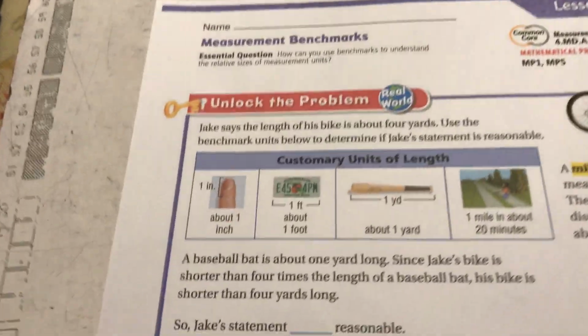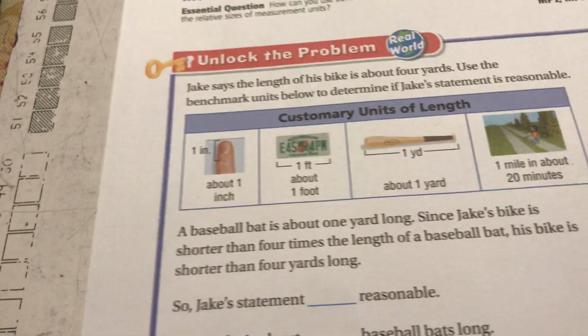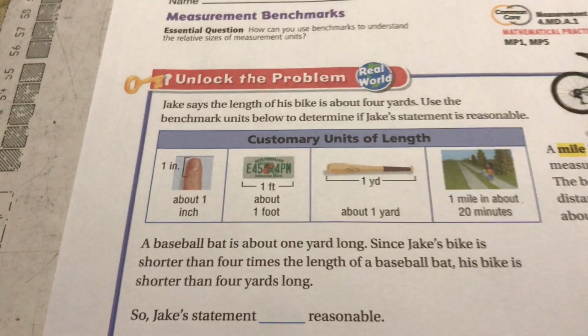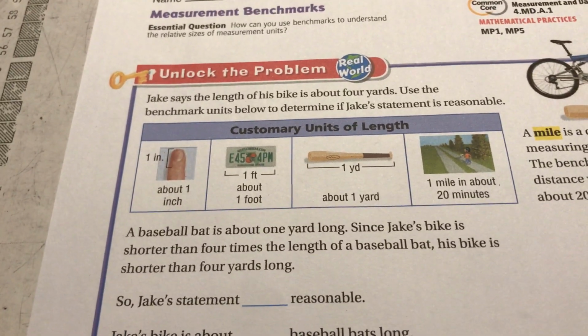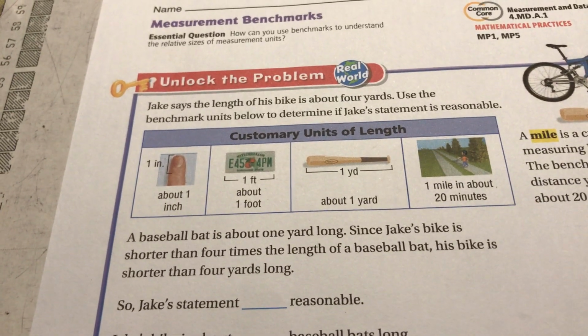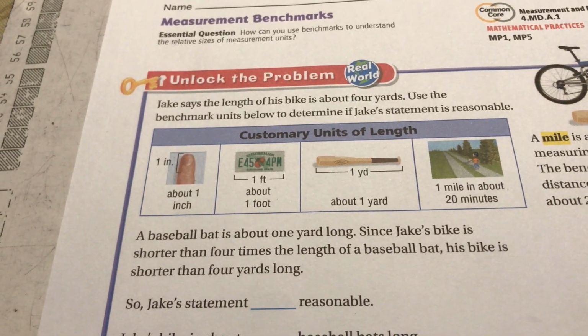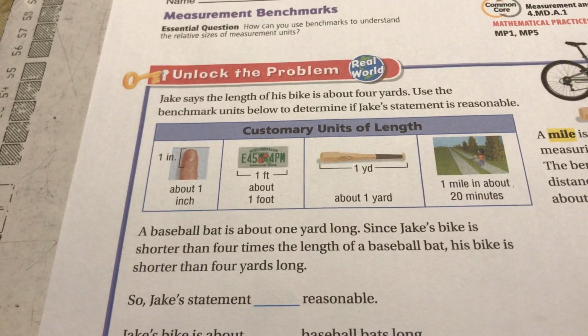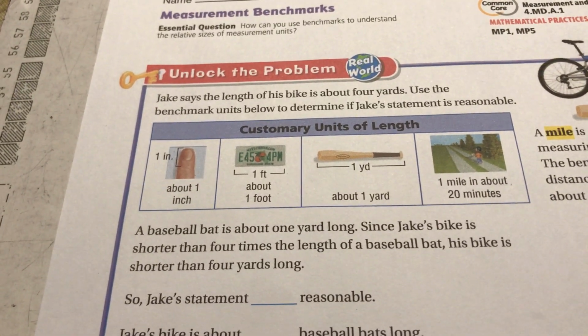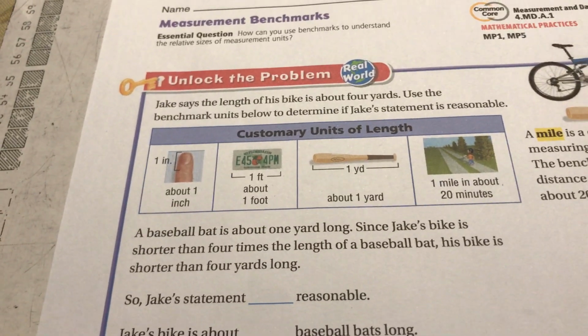The next one is a baseball bat. According to this, a baseball bat is about 1 yard long. When we do the measurement of length, 3 feet equal 1 yard. So a baseball bat is about 3 feet or 1 yard long.